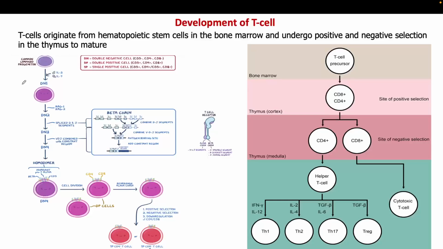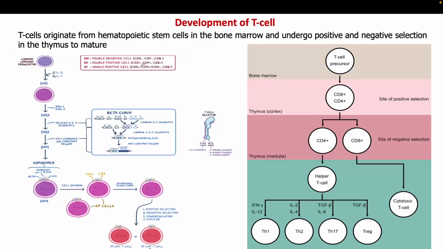Okay, so in case of T cell, this is the common lymphoid progenitor cell. Okay, this is the progenitor cell, and firstly it will divide into the DN1 cell. DN1 cell is nothing but the double negative cell.